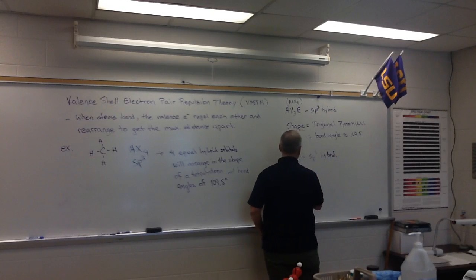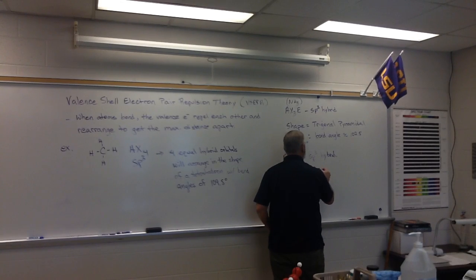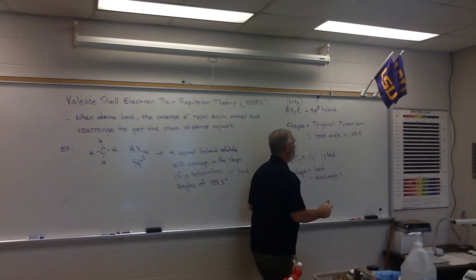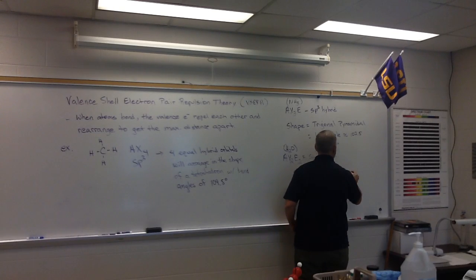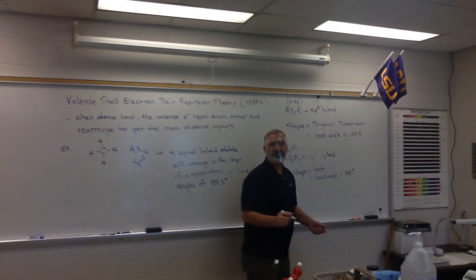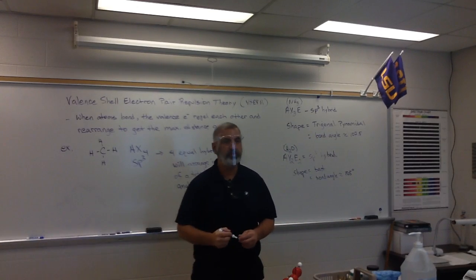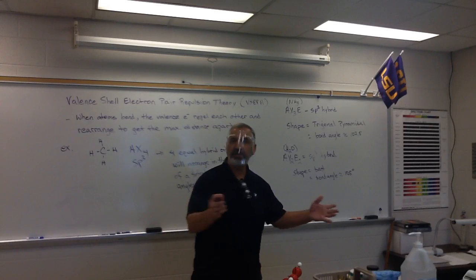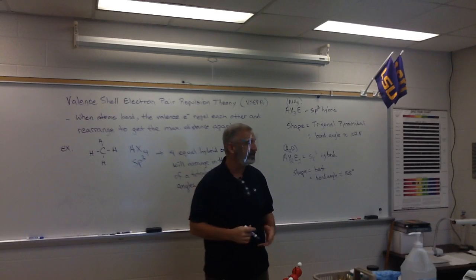Okay? But the shape is going to be bent with a bond angle about what? Around 105. Okay? Give or take. Okay? It could be 103.8. It could be 106. Anywhere in the range, depending upon what atoms are bonding.